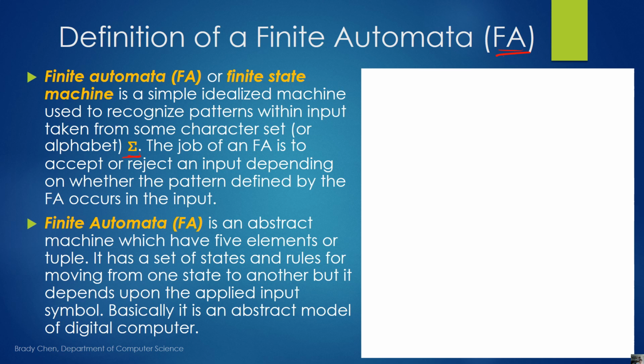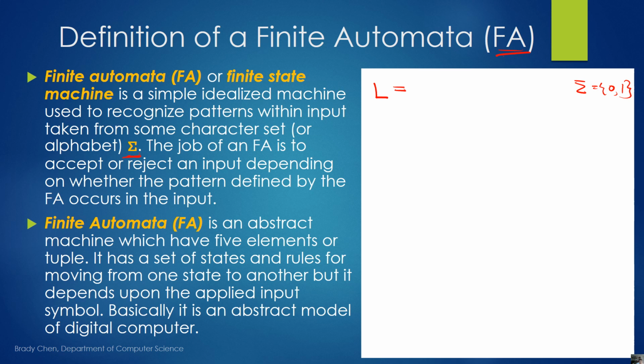Now let's take it another way. Think about a language. Remember the language we define, right? For example, we have an alphabet sigma, so say sigma contains two elements, 0 and 1. And then we define a language which meets certain criteria. For example, one example is the language contains all the strings from sigma of length 2.